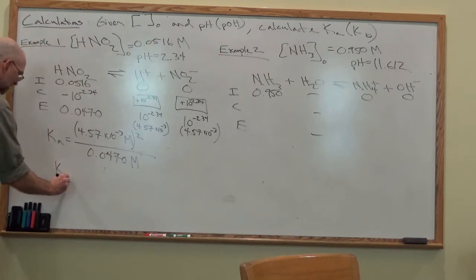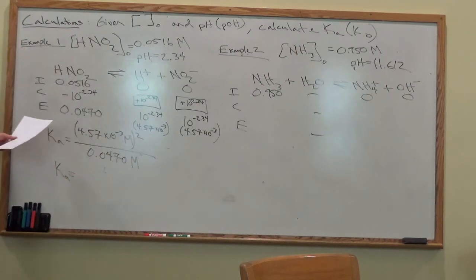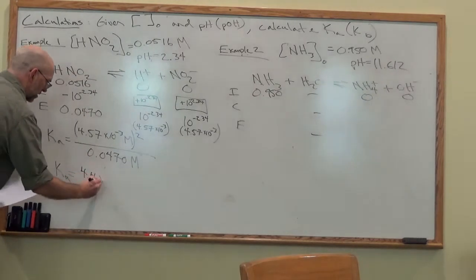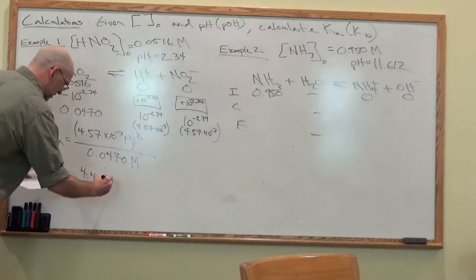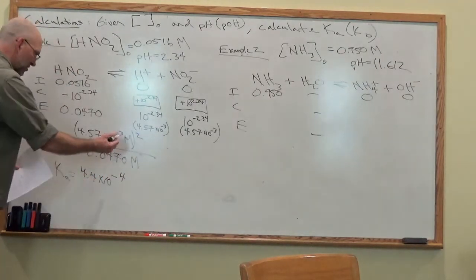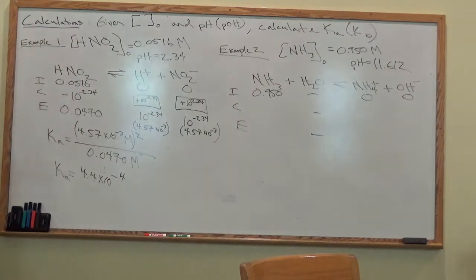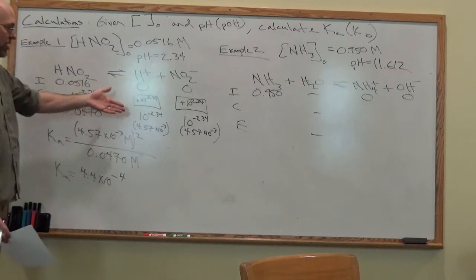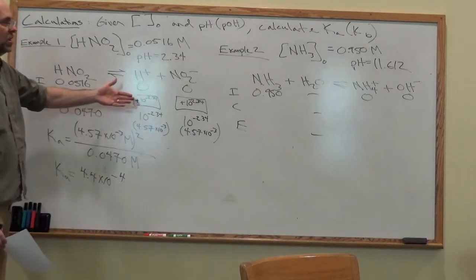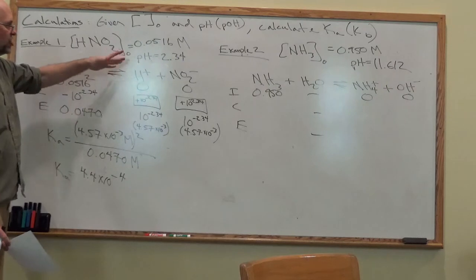Ka in this case is going to be equal to 4.4 times 10 to the minus 4. And the units there are going to be molarity, but it doesn't really matter. So that's the Ka for this one. See how that works? You just kind of reverse engineer it. Take your pH and reverse engineer it.